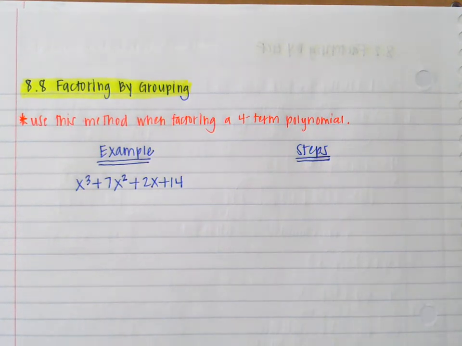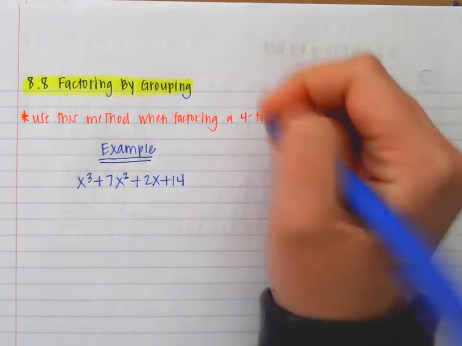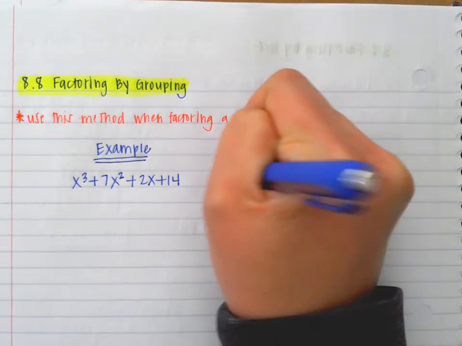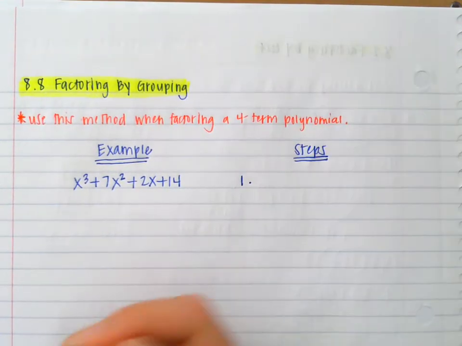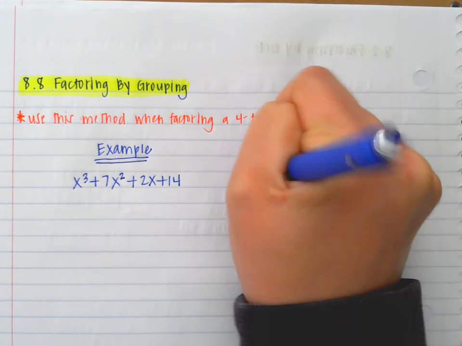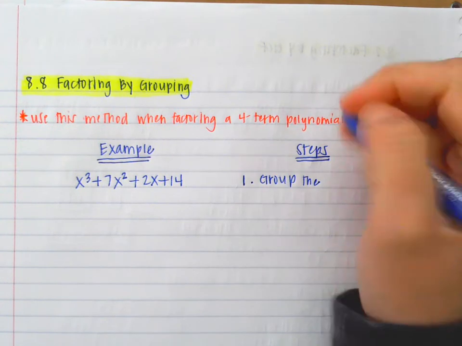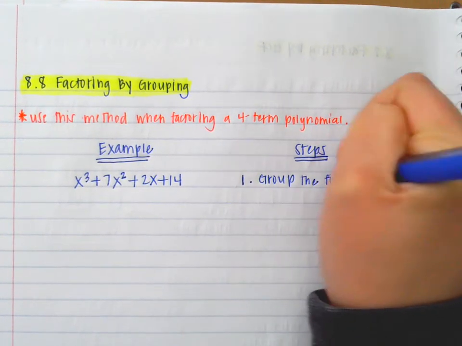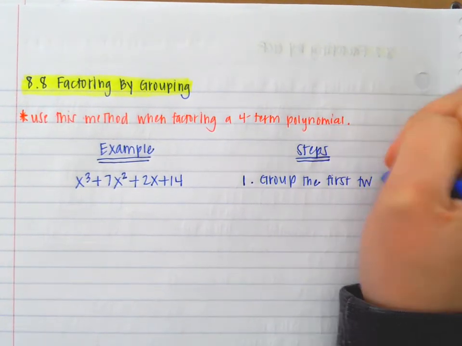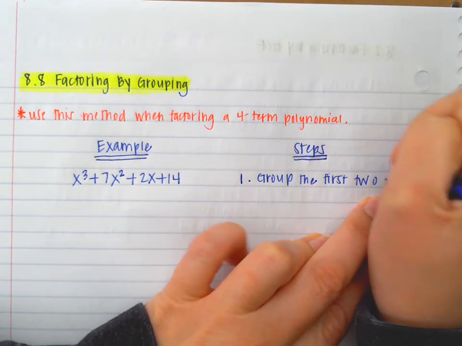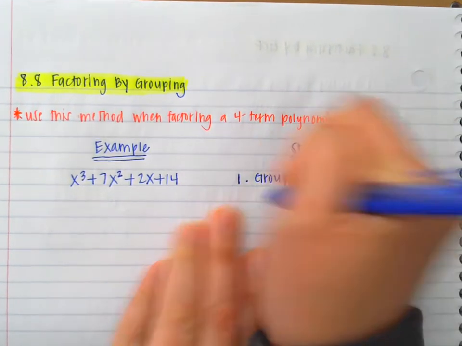So your first step is kind of easy. You don't really have to do much, but your first step is to group the first 2 terms together.